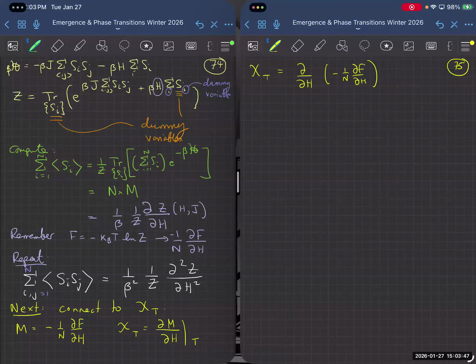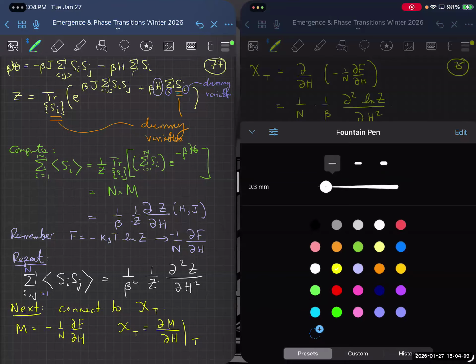And so that means that this is 1/N, 1/beta, d^2 log Z/dH^2. Okay, so let's write this out a little bit more slowly.